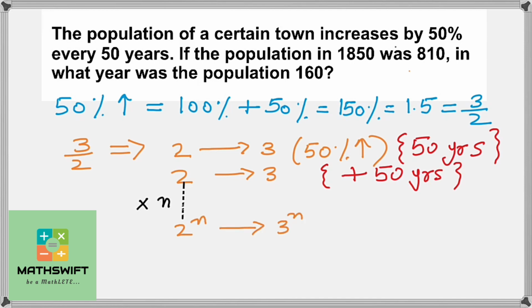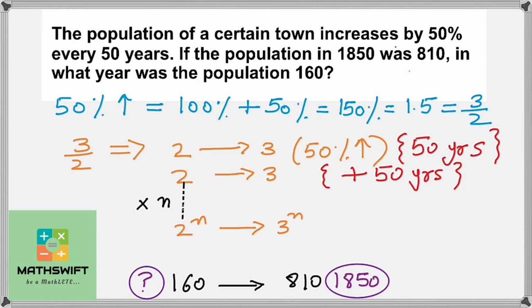But the question says that the population of the town that was 160 in a certain year becomes 810 in 1850. Since we are talking in terms of ratio, we can say that what was 16 has now become 81.